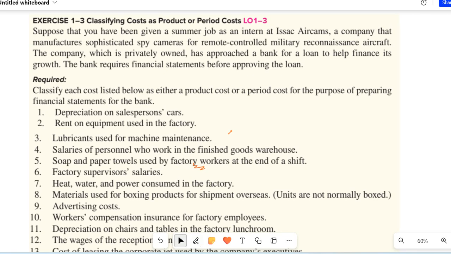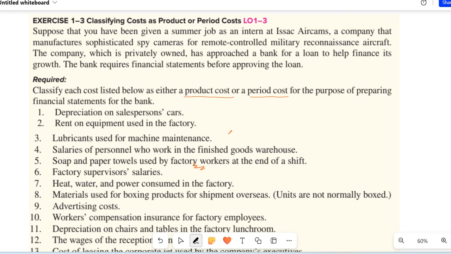The company, which is privately owned, has approached a bank for a loan to help finance its growth. The bank requires financial statements before approving the loan. Classify each cost listed below as either product cost or period cost for the purpose of preparing the financial statement for the bank.